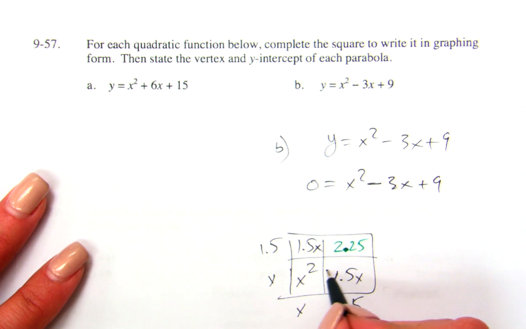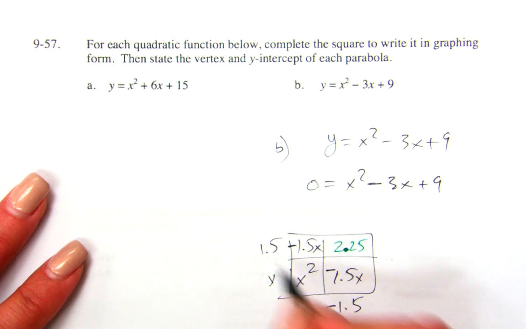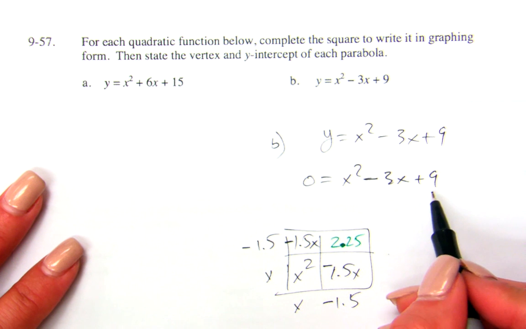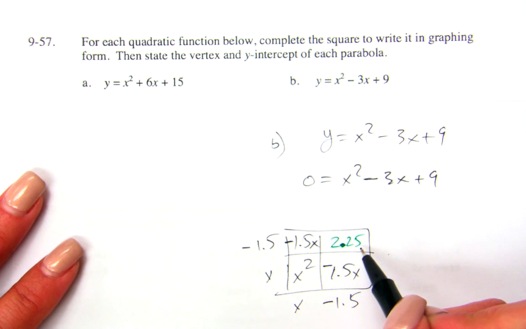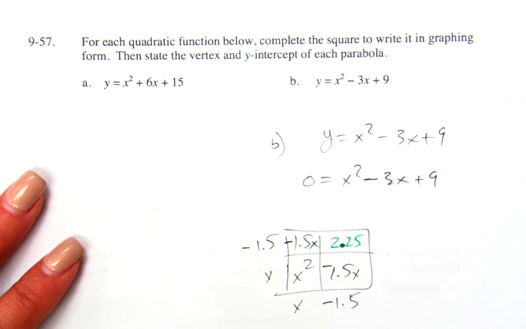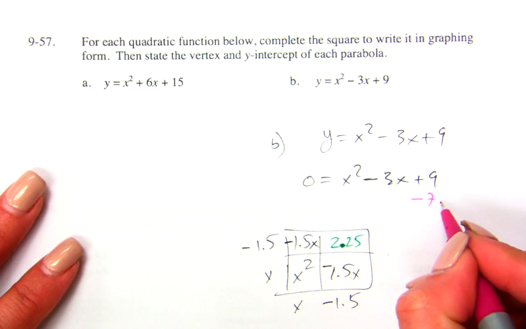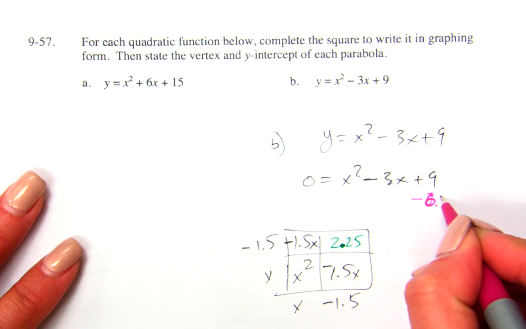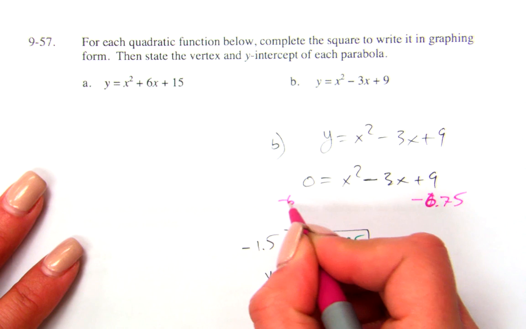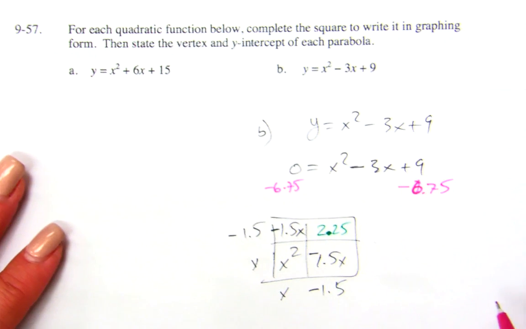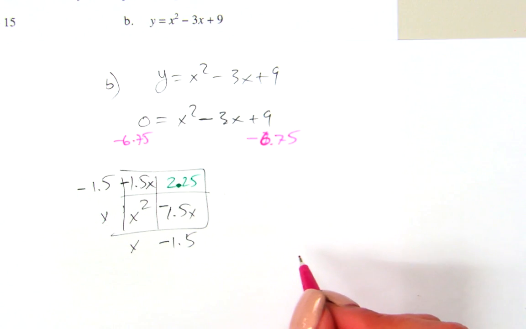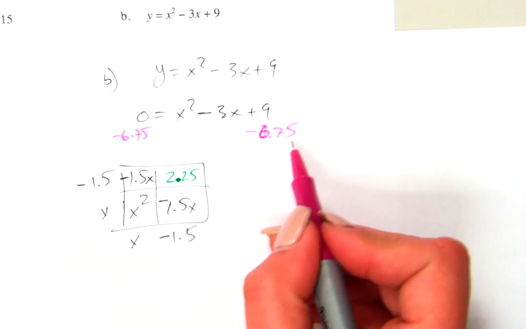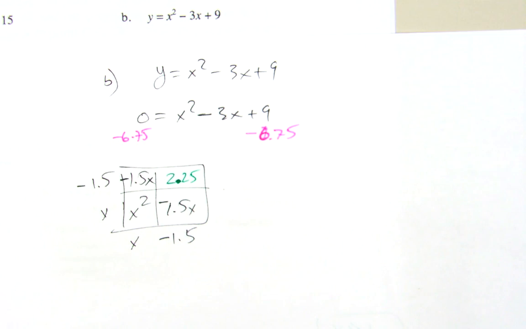Oh, dang it. Well, that won't matter, it's still the same thing. So what do we need to take away from 9 to get 2.25? We're going to take away 7, no, I lied, 6.75. Minus 6.75 on both sides. There we go. So 9 minus 6.75 should get you 2.25.